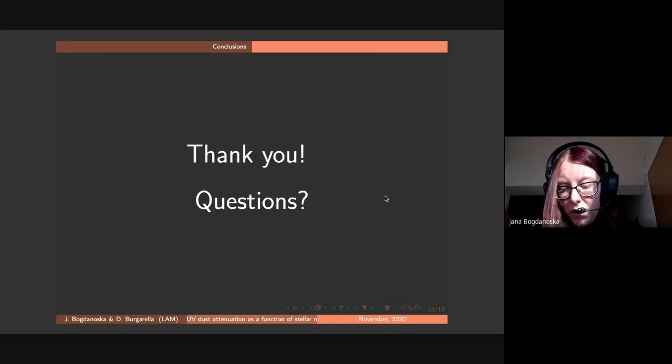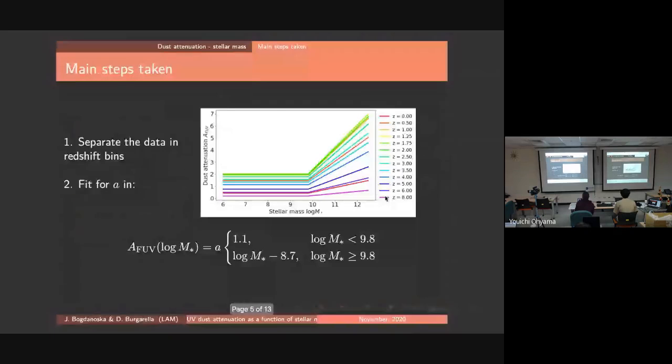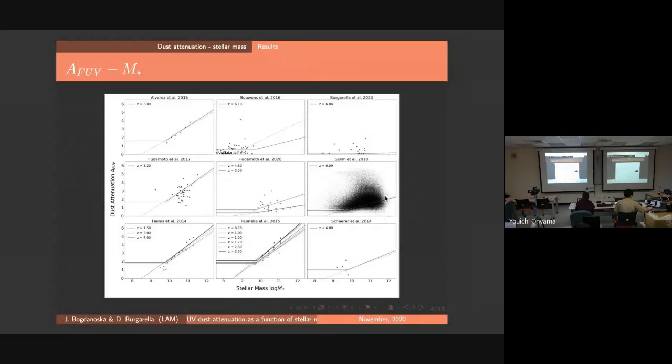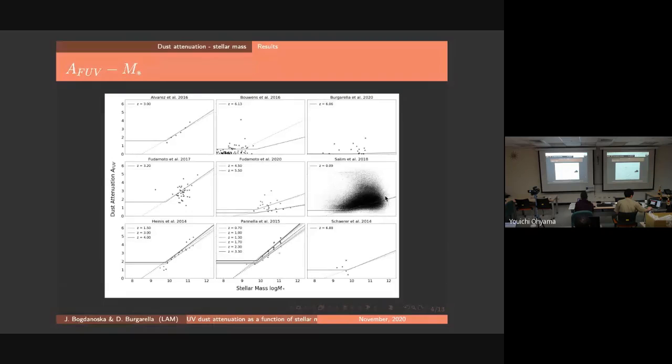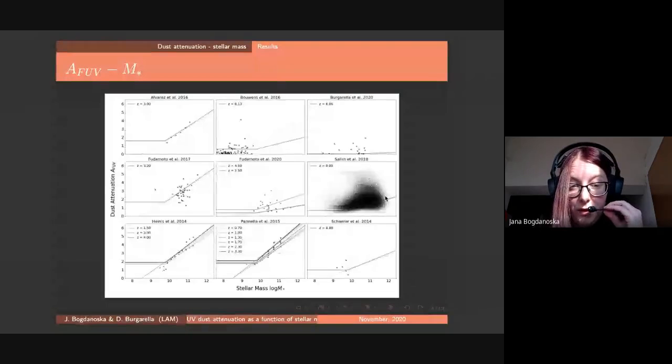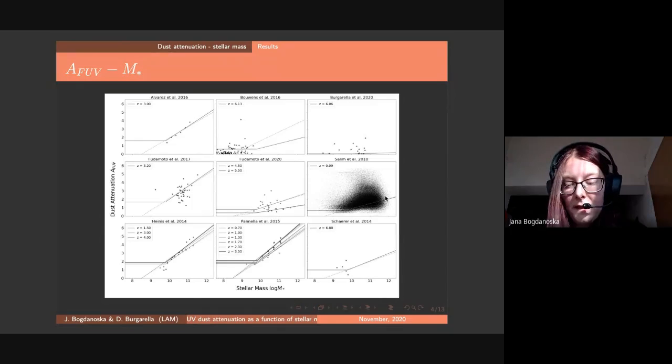Yes, that is true. In fact, if you look at our data set, we have very few galaxies with low mass here. So yes, it is very likely that it is a selection bias, so that we do observe only the galaxies that have higher dust attenuation.